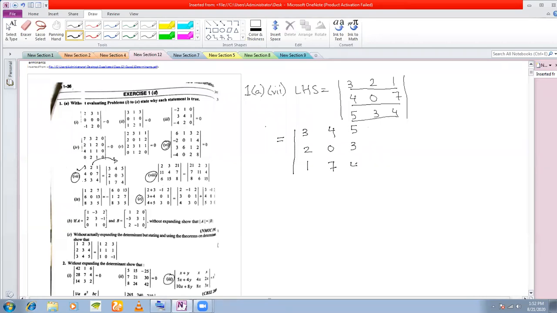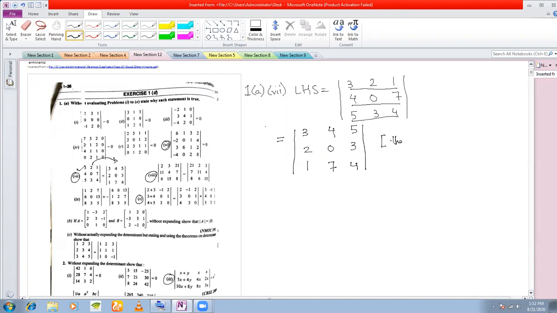Can you hear me? Now does it give us the right hand side? It gives. And which property are we using? The first property, the transpose determinant. What is the property that we should write here?